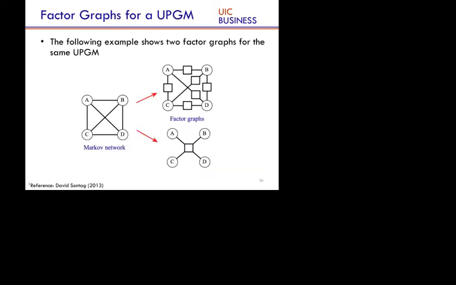So, just to reiterate the point, there are two factor graphs here for the same Markov network, or the same undirected probabilistic graphical model. In this factor graph, we can read off that there is one large clique, so there's only one factor in the joint distribution expression. And in this factor graph, we know that there are 1, 2, 3, 4, 5, 6 factors in the joint distribution expression.